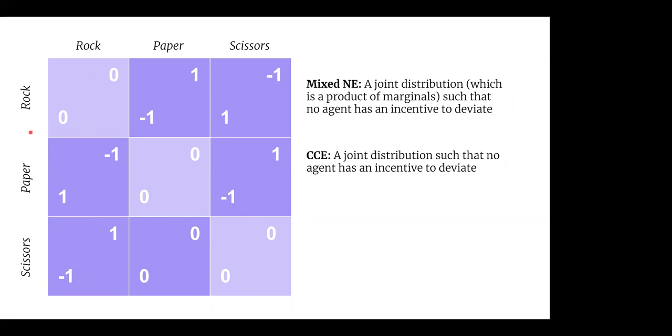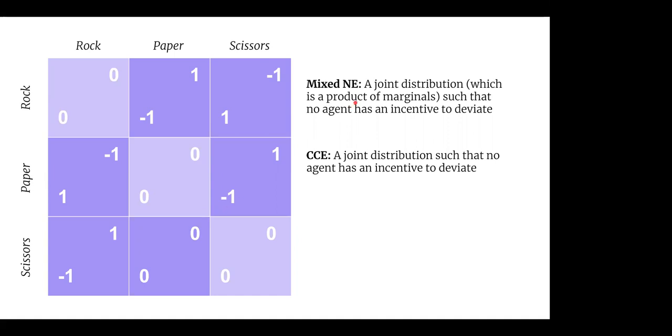Now let's say player X decides, I'm going to play rock with probability 1, whilst the other agent is still playing according to the joint distribution. Well, in that case, the expected utility of the first agent is 0. So we haven't actually gained anything by deviating from this joint distribution, and so neither agent has any incentive to unilaterally deviate. I'm going to remember to say that every time now.